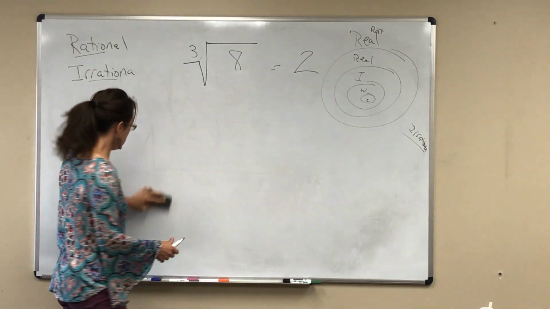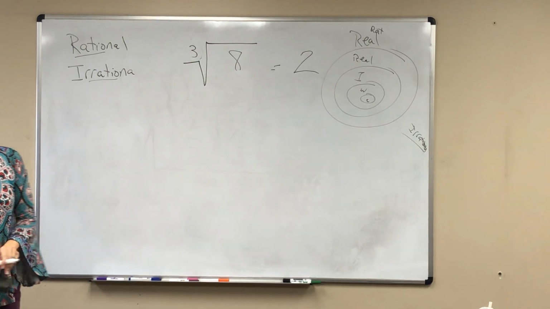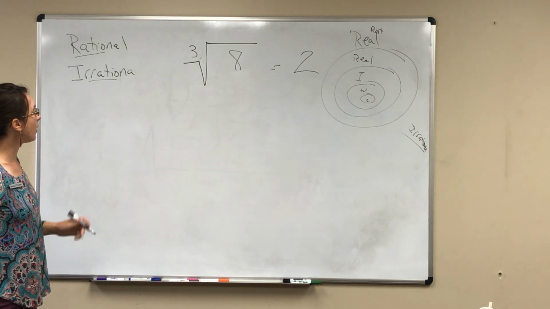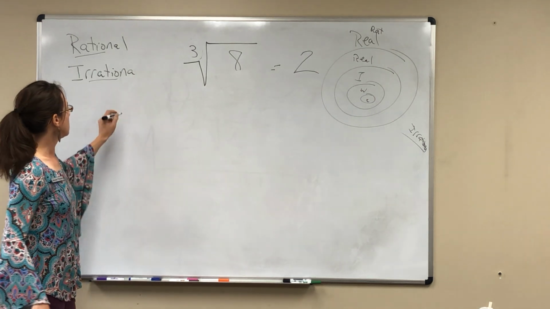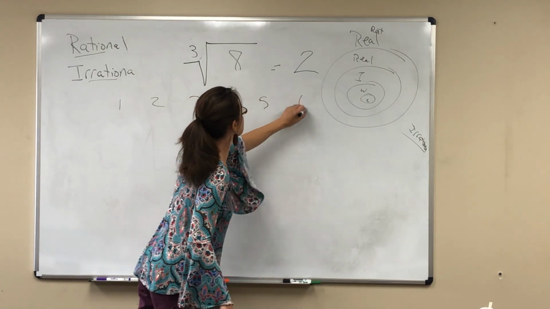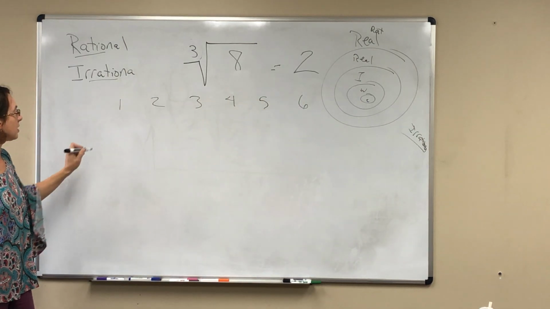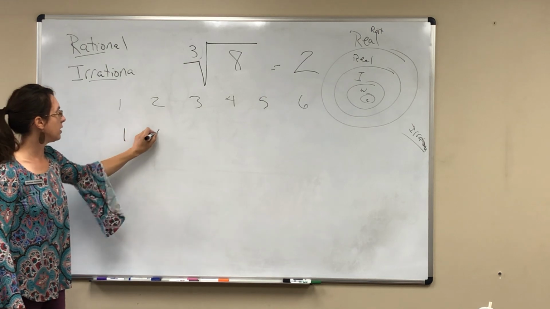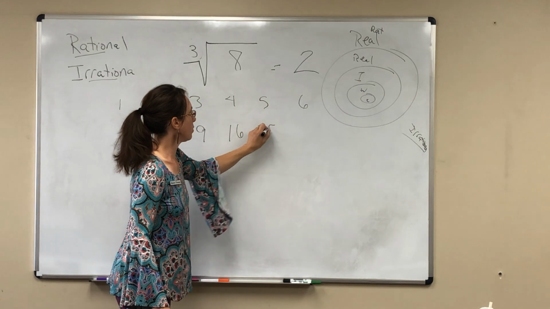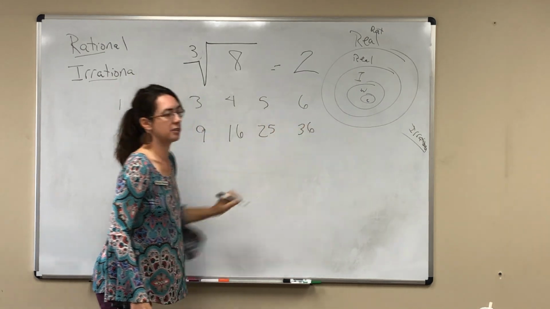So pi is an example of an irrational number. Perfect squares. If we have our counting numbers, 1, 2, 3, 4, 5, 6, the perfect squares of them would be 1, 4, 9, 16, 25, 36.